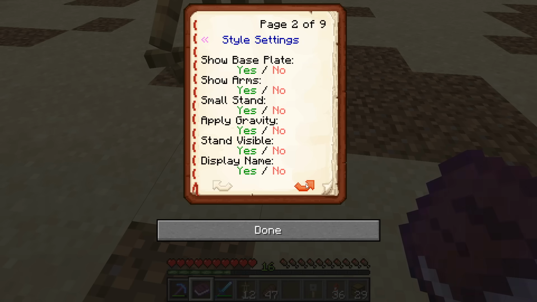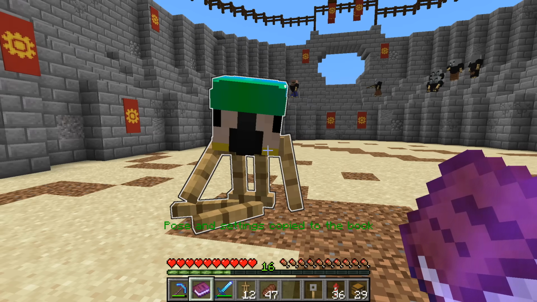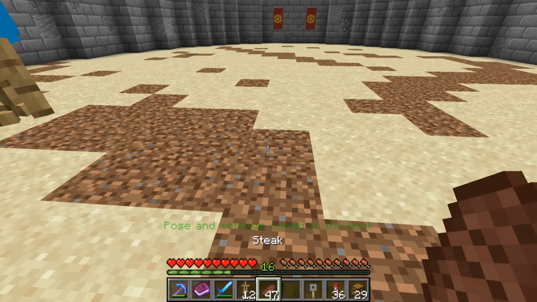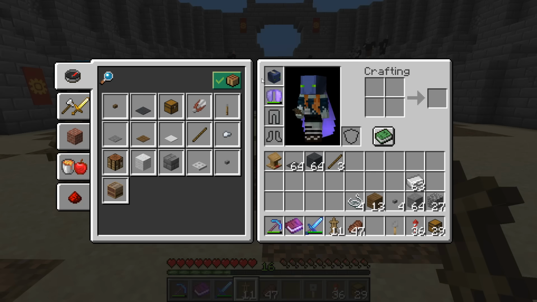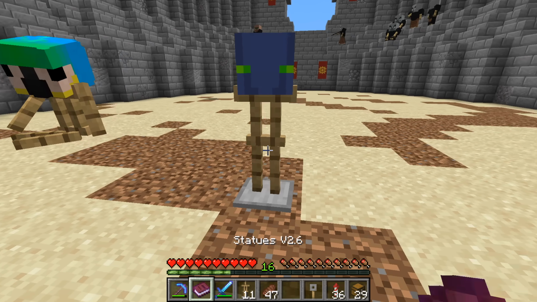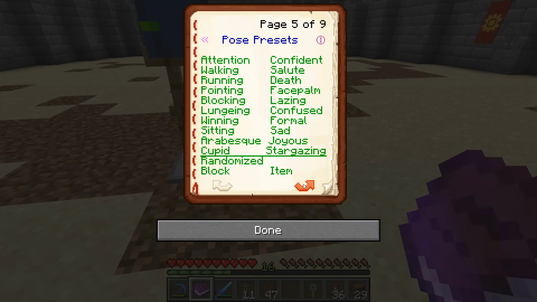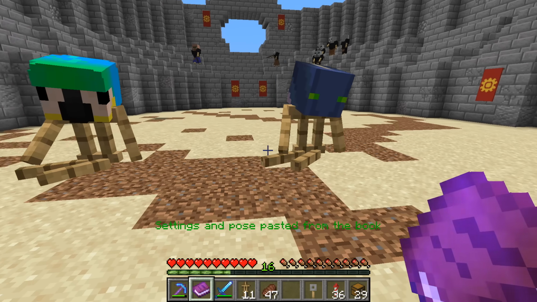However, if I liked this pose so much, I could copy this pose. Copied. Easy. And then I can put down another armor stand with a different... I just put that on myself, didn't I? With a different head. And then I can just paste. And it's identical.